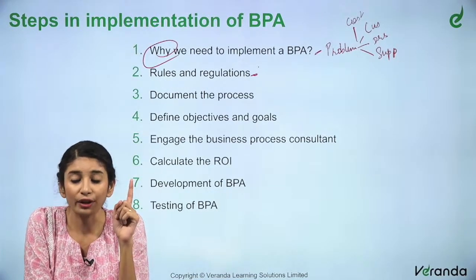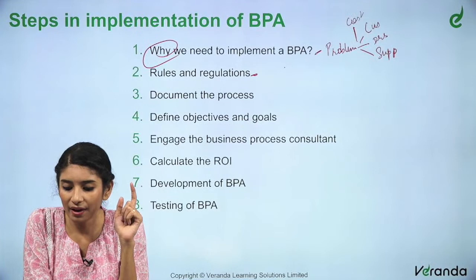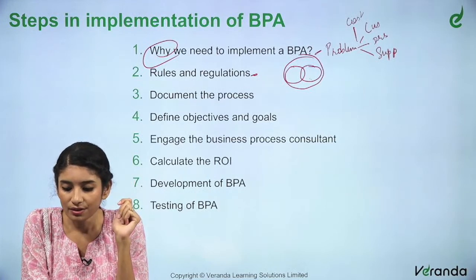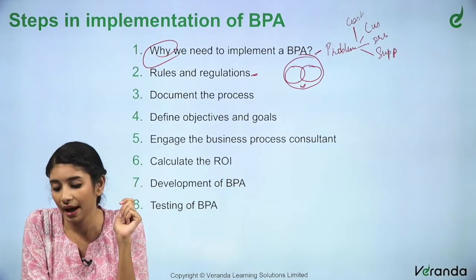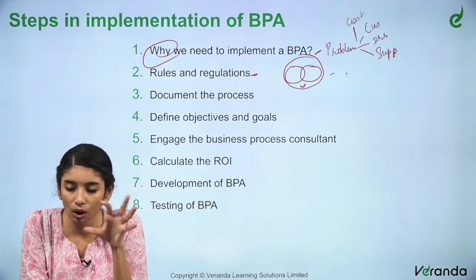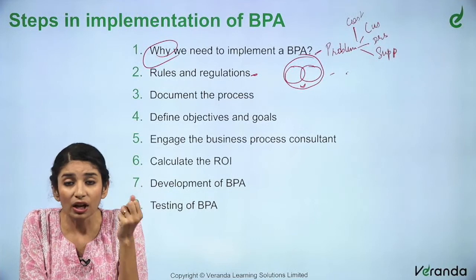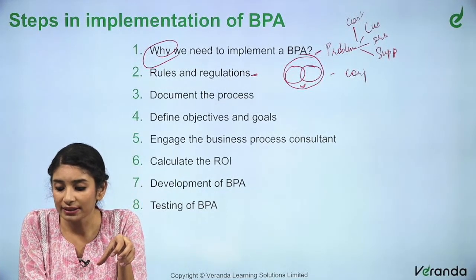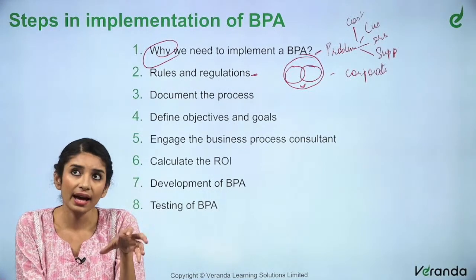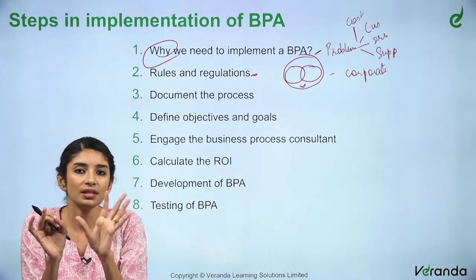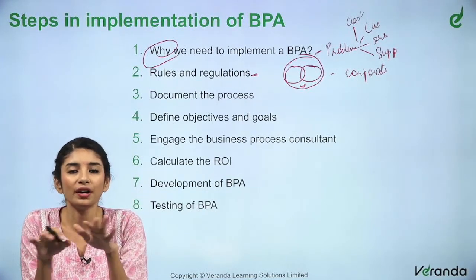Next is rules and regulations. I have my local laws, state laws, and central laws, and I have to adhere to all the laws. I can also have my internal corporate policies. For example, say that I'm not supposed to accept returns after 7 days: after that, no refund, no exchange.